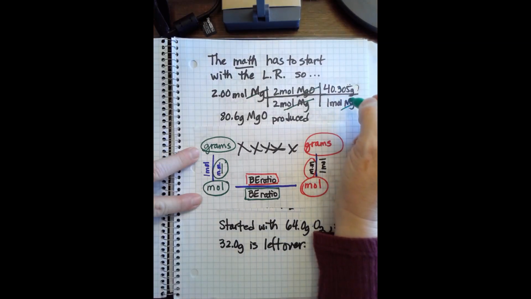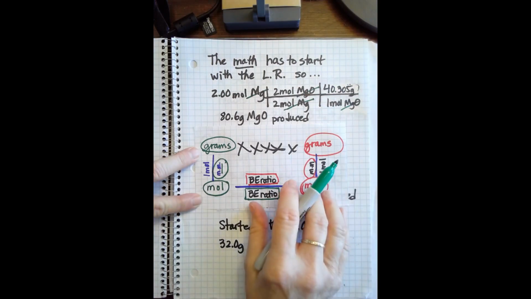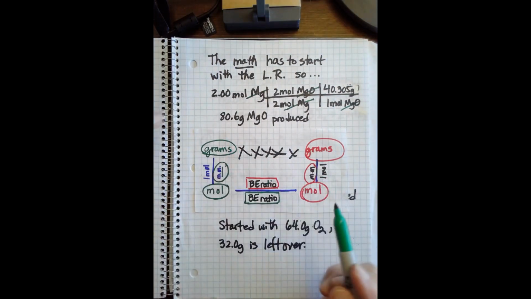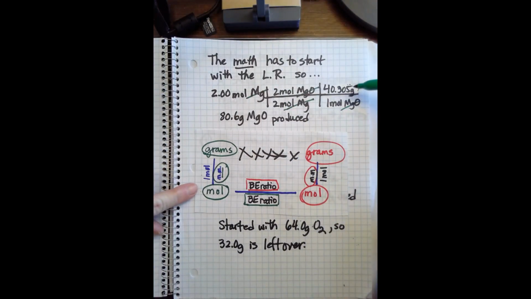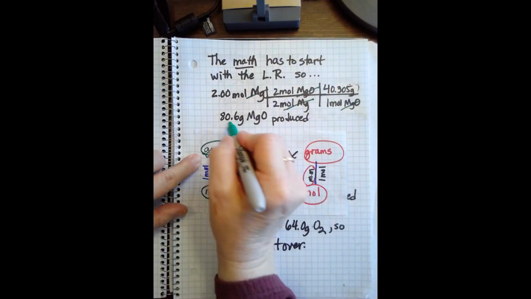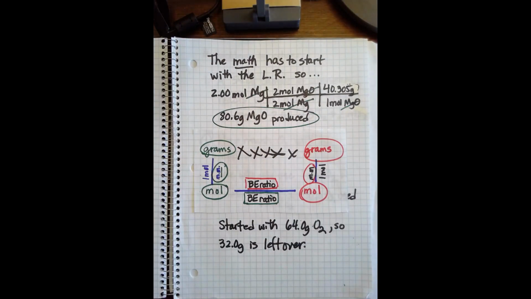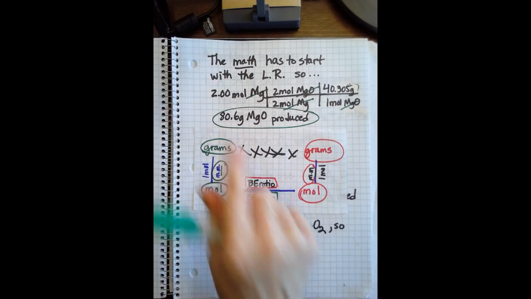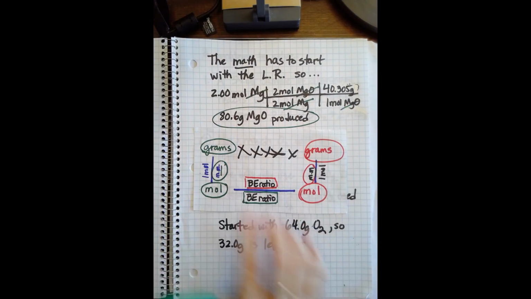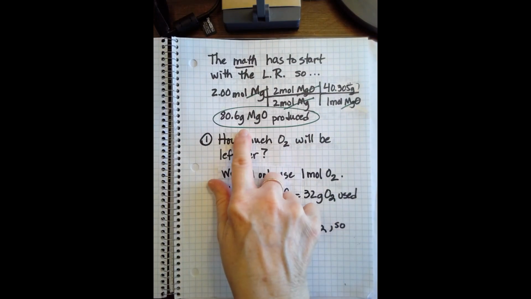This is the molar mass, 40.305 of MgO. That's magnesium plus oxygen. And that, when we do 2 times 2 divided by 2 times 40.305, gives me an answer of 80.6 grams of MgO. I can have 3 sig figs because of 3 sig figs in my original data. So now that's the answer to the first question.